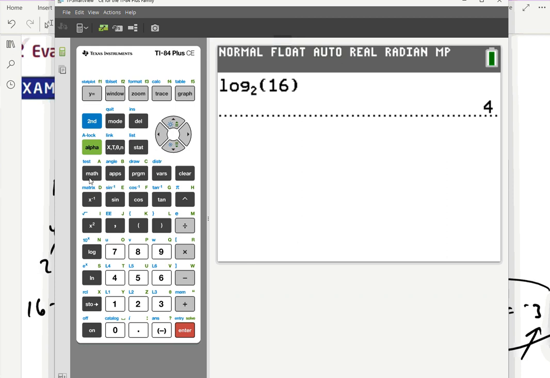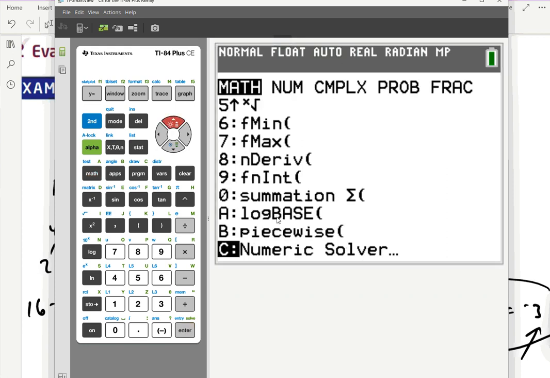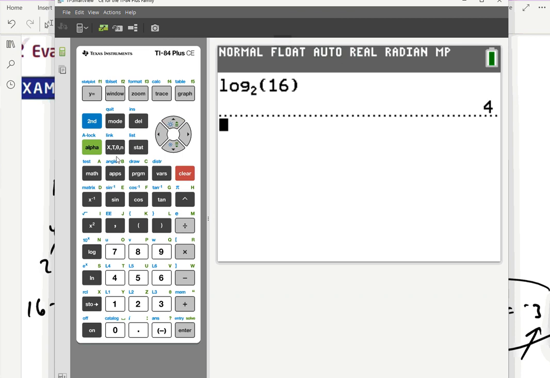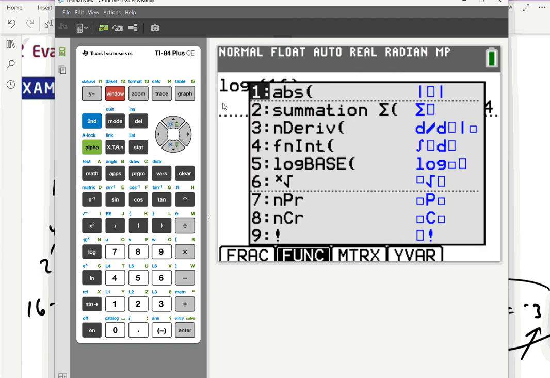So we went to the math button and then down, or up arrow, I guess maybe quicker, to log base. The other way to do that is hit the alpha button. And if we go up into y equals, we see other commands up here. So we have fraction, functions, matrices, and y variables. We want to go over here to functions, which is the window. And in here, we also see some other things that might be of interest later on at some point.